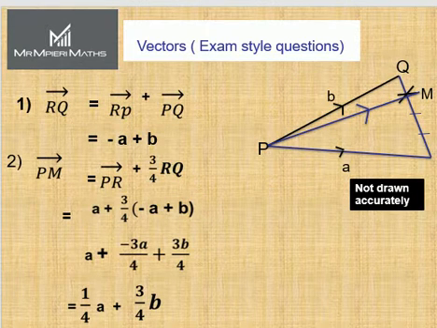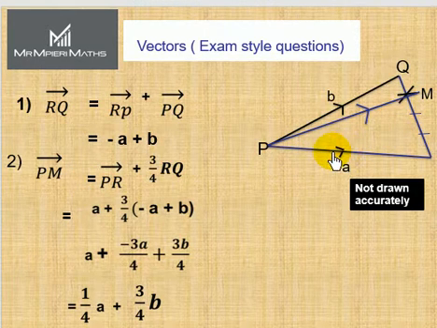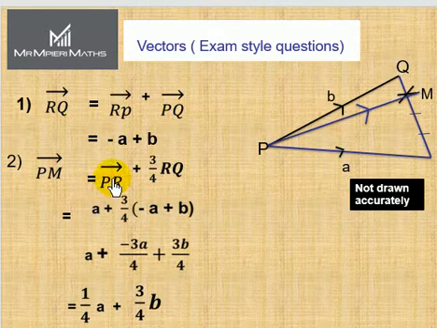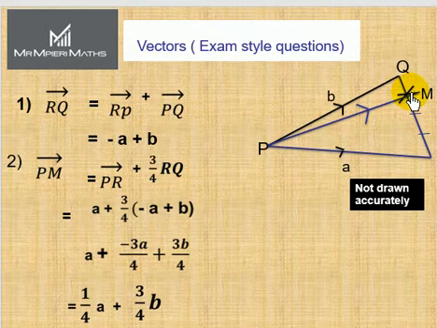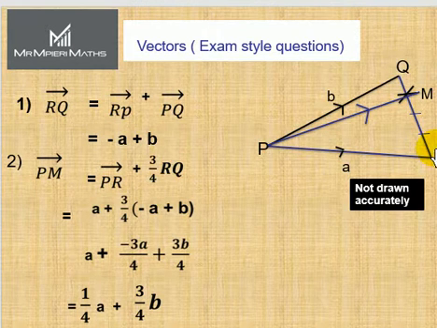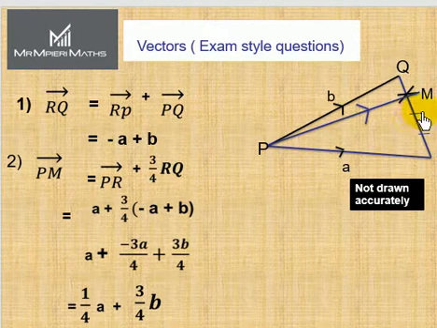The second part of the question is to find PM. To find PM, we go PR plus up to this point here, because this point is 3/4 of the whole length, which is 4. Remember, RM to MQ is 3 to 1. If you share this into 4 equal parts, then M is at the third part.